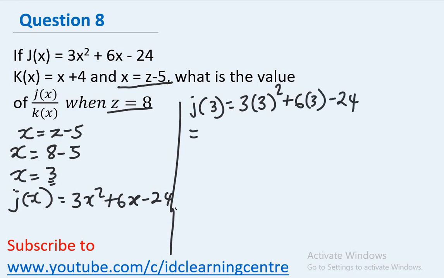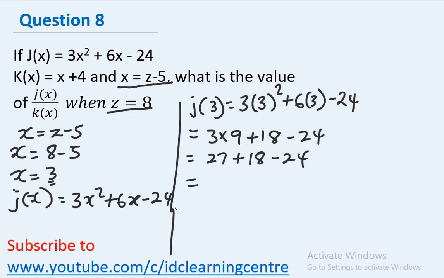So this will give me 3 squared is 9, plus 3 times 6, 18, minus 24. 3 times 9, 27, plus 18, minus 24, which will be 45 minus 24. So j of x, remember x we took it as 3, will be 45 minus 24, which is 21. Now let's find k of x.